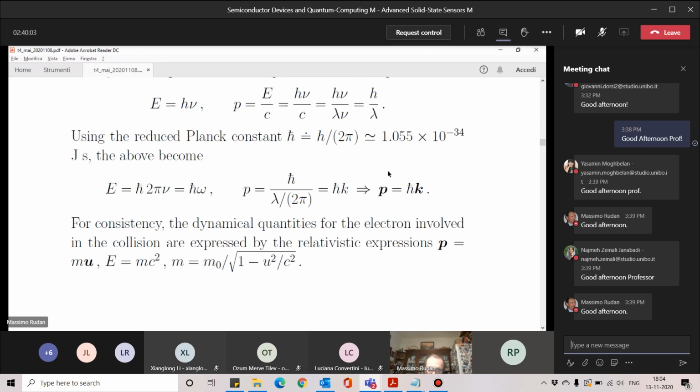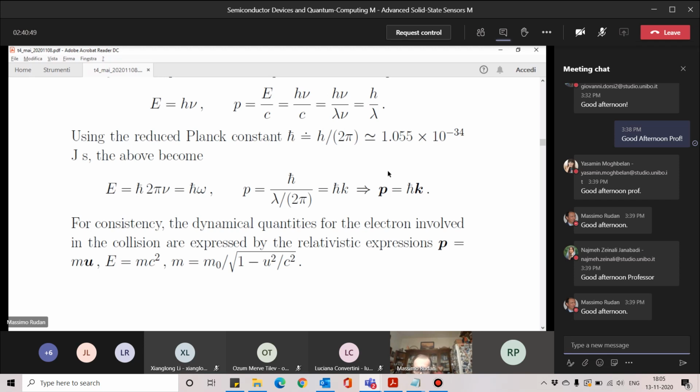So in the collision, we must impose the conservation of the total energy and the total momentum of the particles. This is not obvious because the total energy also includes the potential energy. That means that in principle, in order to completely perform the calculation, we must also introduce the potential energy that describes the interaction of the photon with the electron.